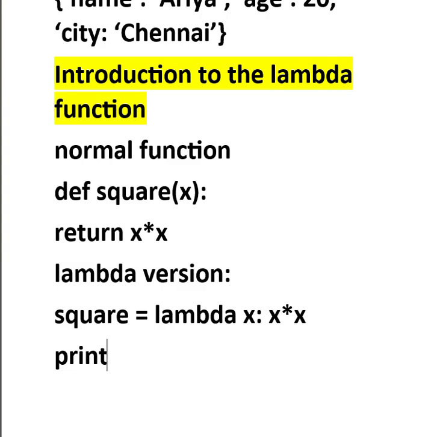Then I'm printing it, print square of 7. What will be the output? The output is 49.